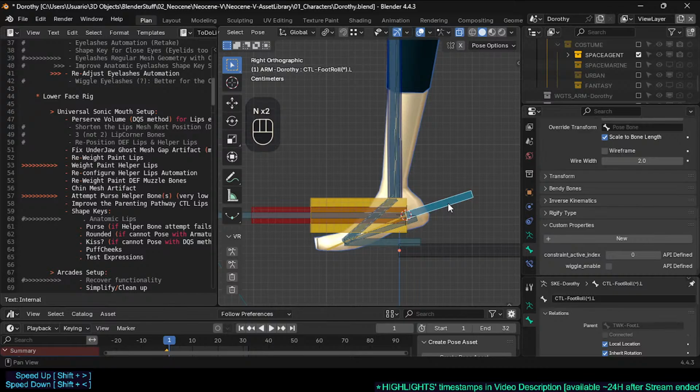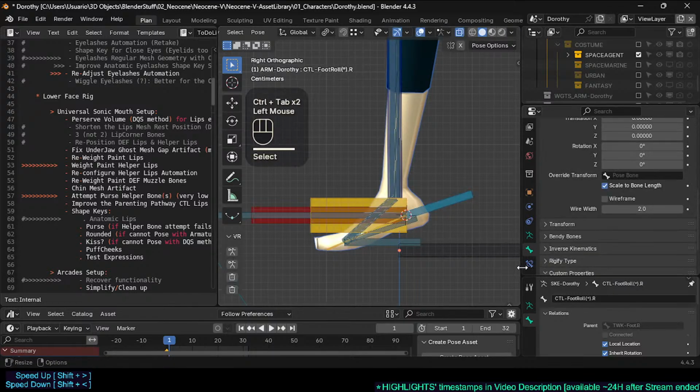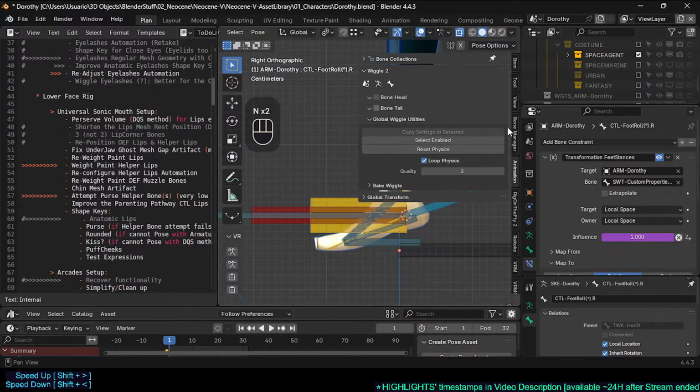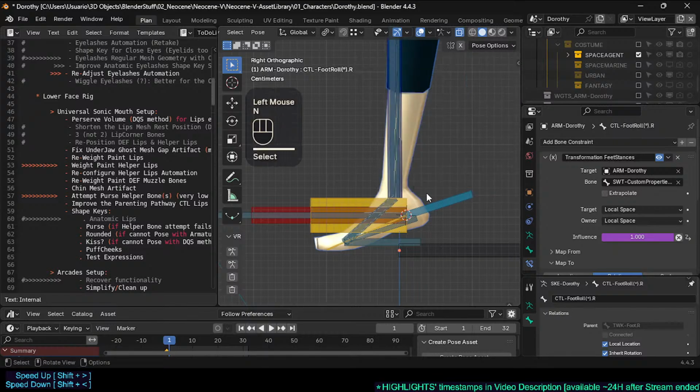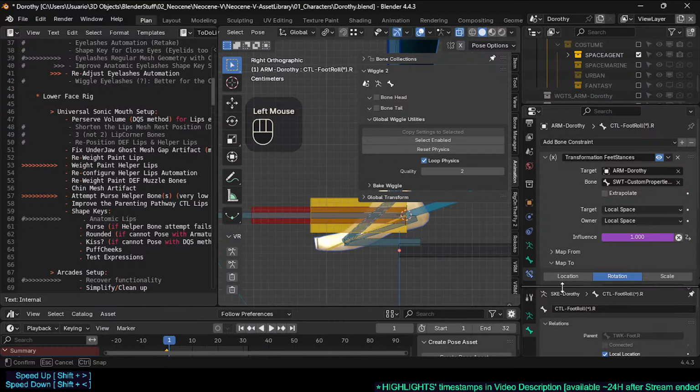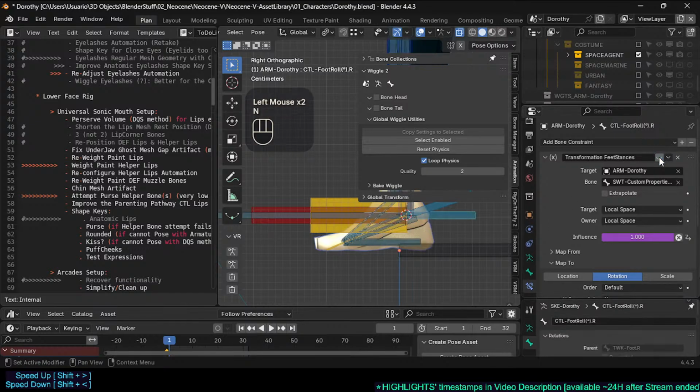On pose mode, this transformation has this driver, which is just copy as driver from the value there, pasted here. It's driven, I cannot control it here, but I can control it from the custom property.